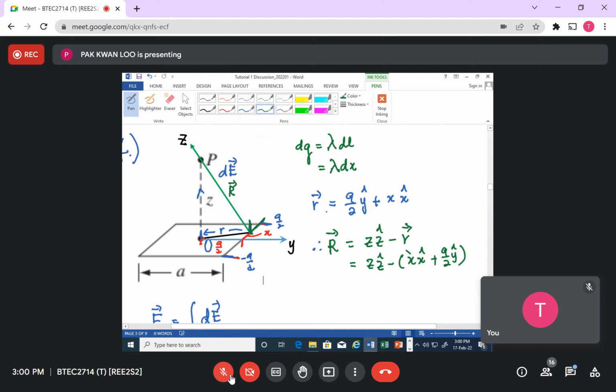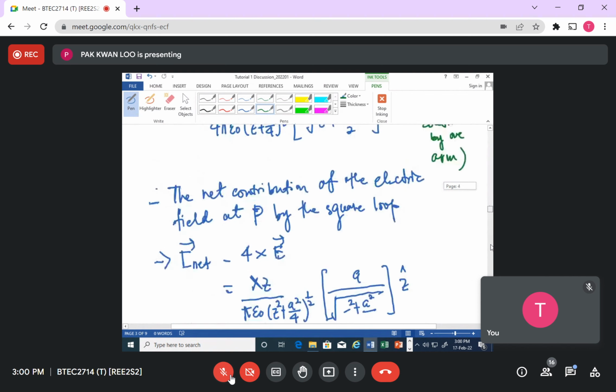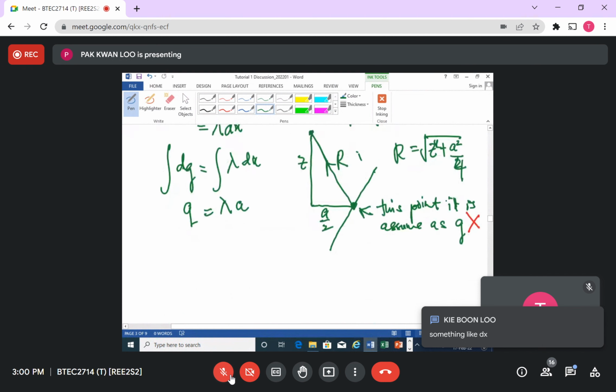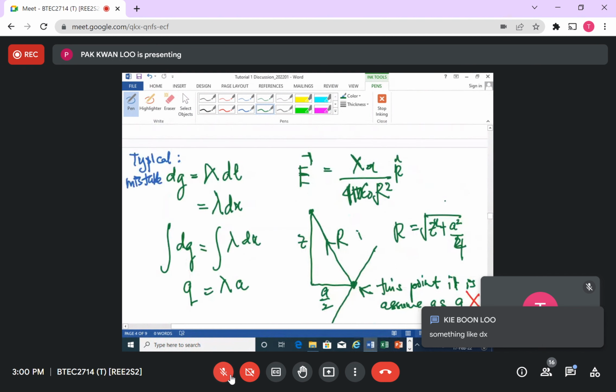On the other hand, if you do it this way, first you take dq at one of the points, and then you integrate the entire length and get the total charge.